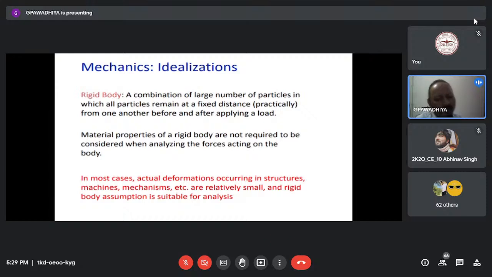Some lateral deformations are seen more in comparison to axial deformation, so at times we consider that members are axially rigid. That kind of constraint we introduce in the analysis. So here at the moment we consider that there are no deformations, so body behavior is completely rigid.